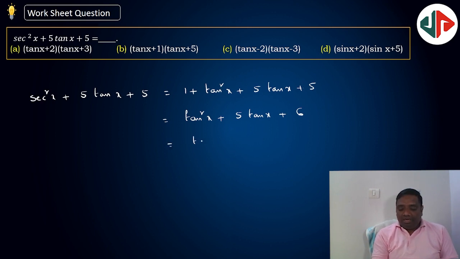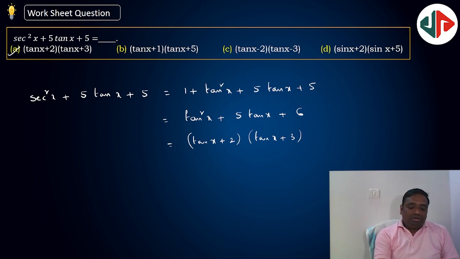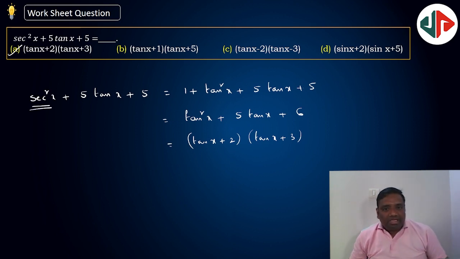If you factorize, it is nothing but tan x plus 2 into tan x plus 3, like the quadratic equation concept. Here the only trick is using trigonometric identities: secant square x we can rewrite as 1 plus tan square x. That's all.